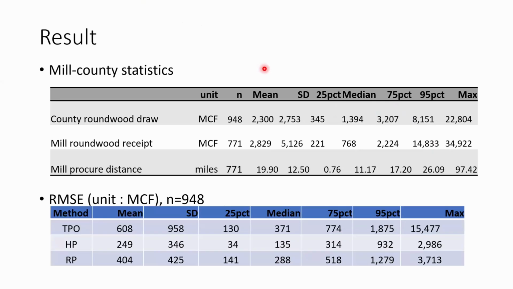Results show that, from an average county volume of 2,300 MCF, which is 1,000 cubic feet, the TPO median IMSE is around 371, while the historical mill county procurement method reduced IMSE by half, and the radius procurement method reduced IMSE by around 30%.